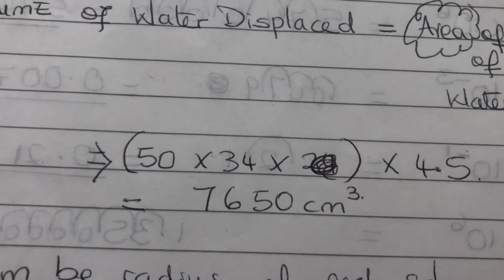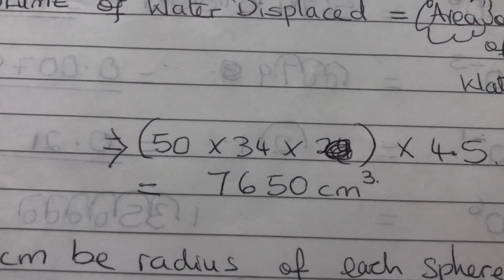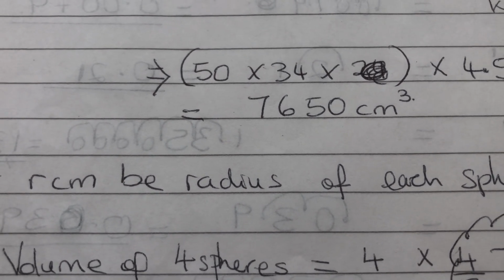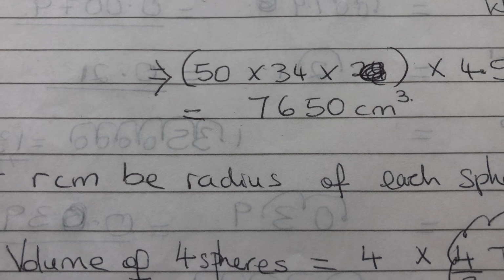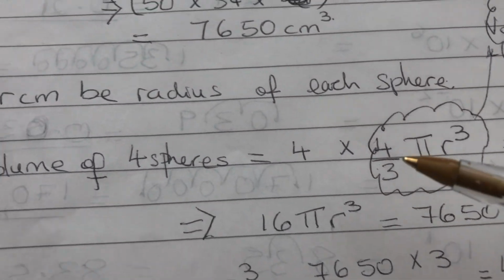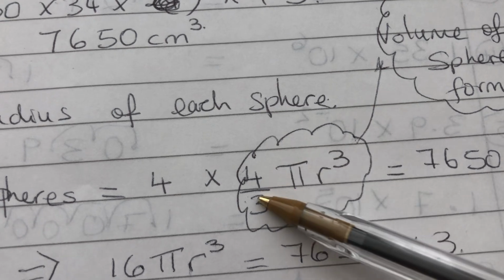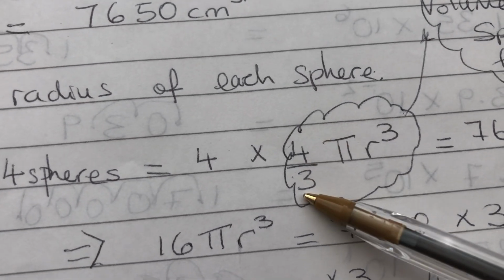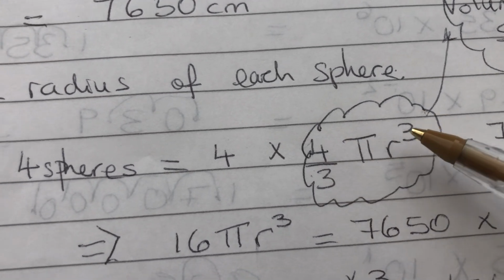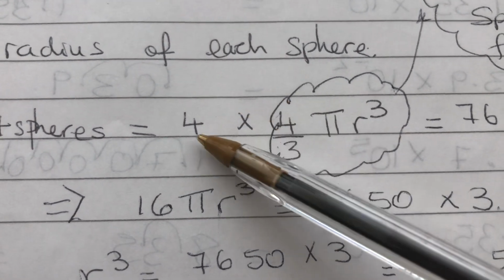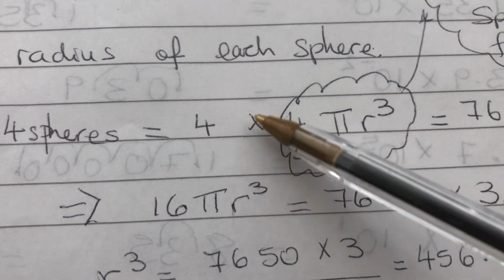The question is to find the radius of the 4 identical spheres that you've put inside. Now, the volume of the 4 spheres. One sphere, that is the formula, 4/3 pi r cubed. That is the volume to find a sphere. So for 4 spheres it is 4 times that.